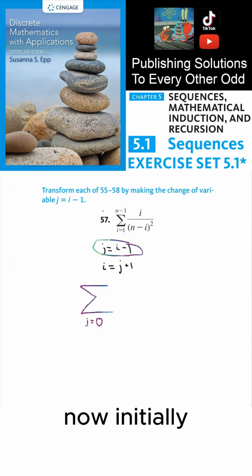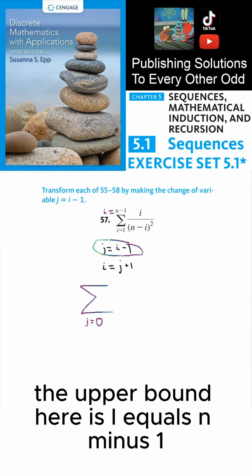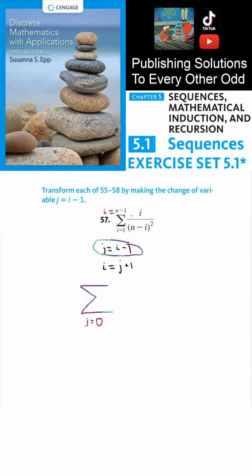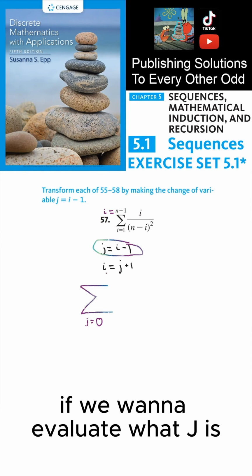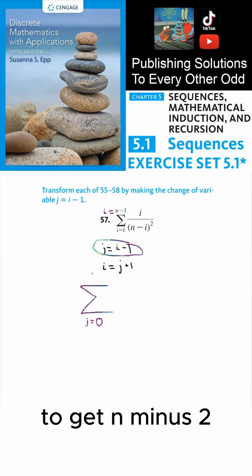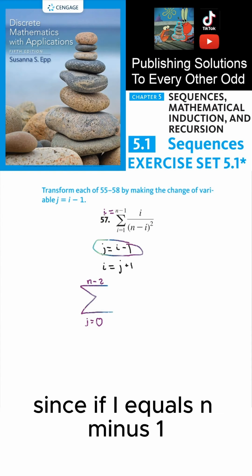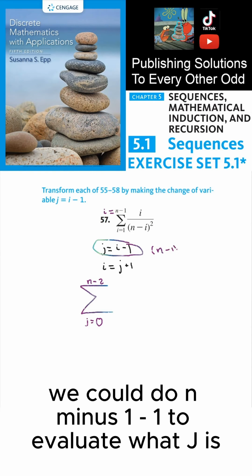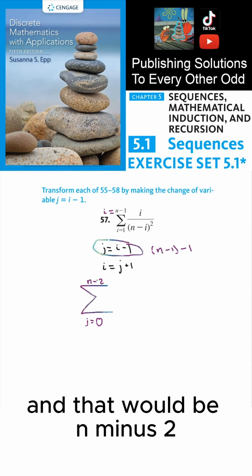Initially, the upper bound here is i equals n minus 1. If we want to evaluate what j is, we can plug n minus 1 into this equation to get n minus 2. Since if i equals n minus 1, we can do n minus 1 minus 1 to evaluate what j is, and that would be n minus 2.